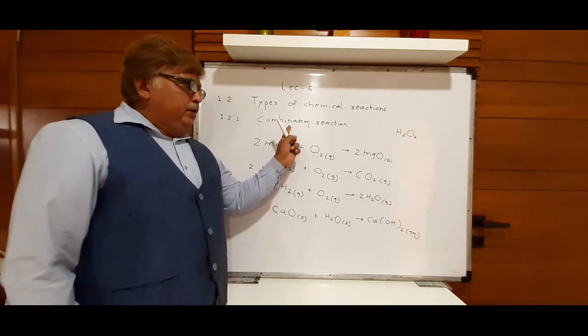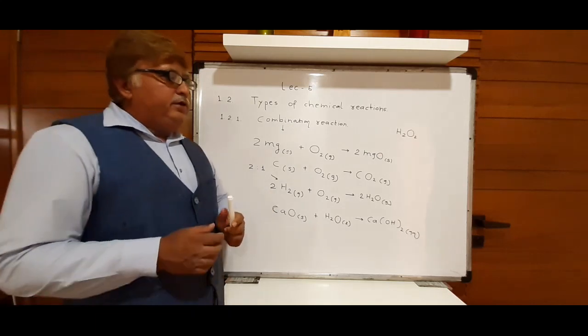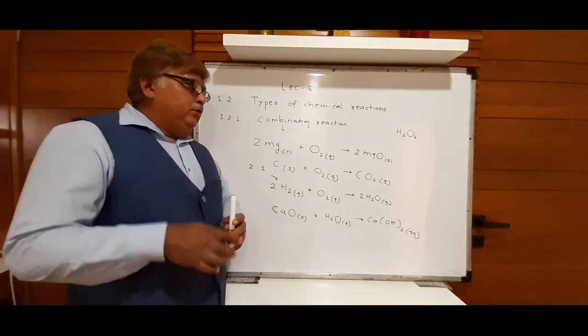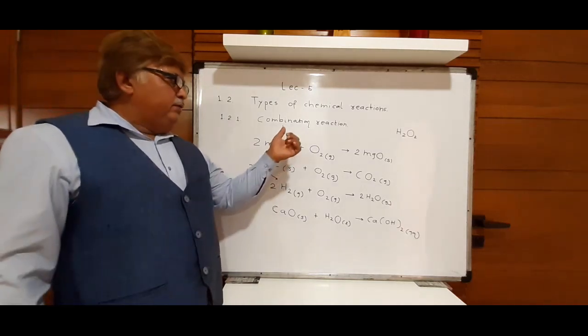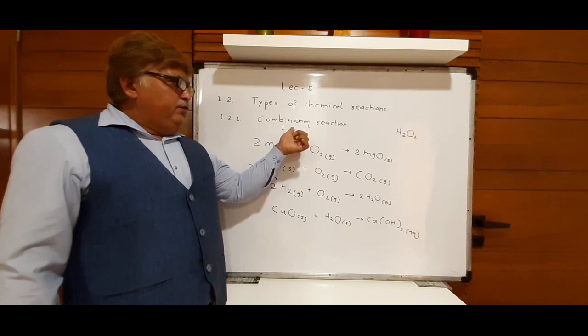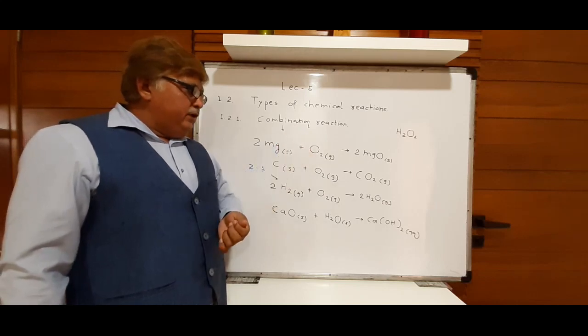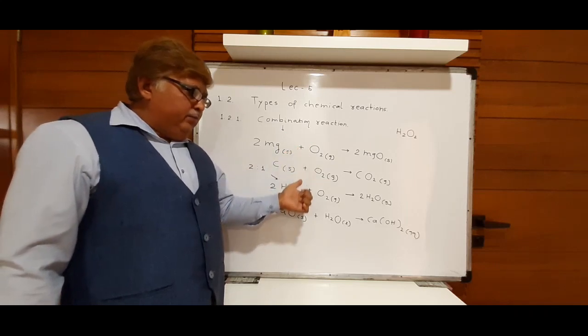Okay, at the end of the lecture, definitely I will dictate you the homework questions for practice, but here also I am speaking your question number 1 for homework. Define combination reaction and give some examples.